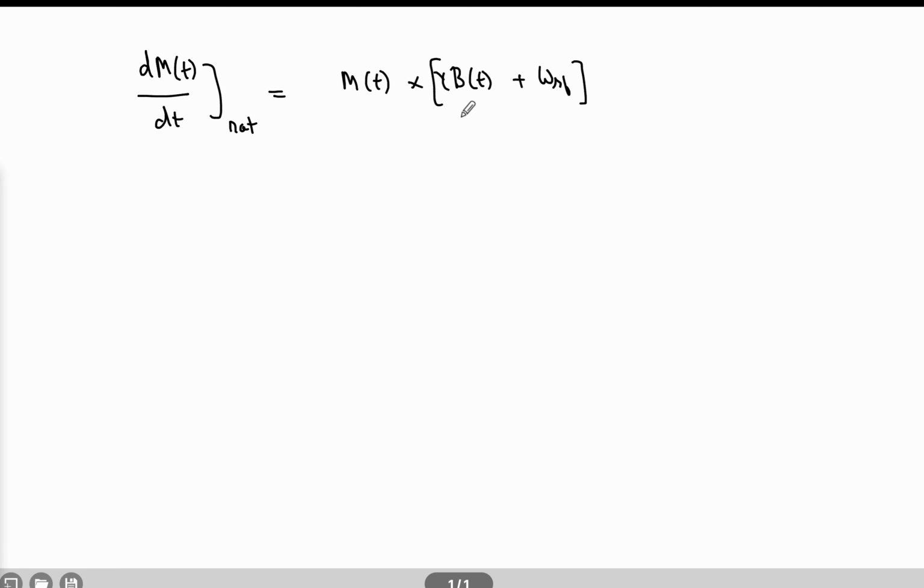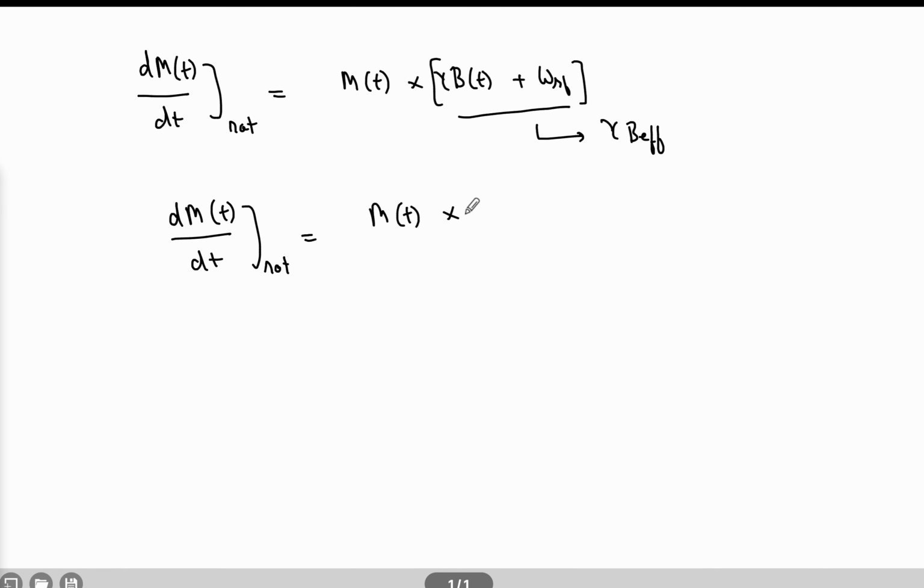Now if we call this portion gamma B effective, we can now reduce this equation to dM by dt in rotating frame is equal to M cross gamma B effective, which is essentially the same form as in the lab frame, right?